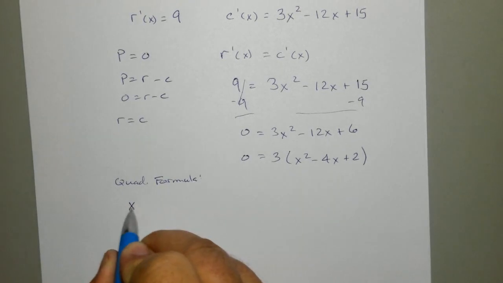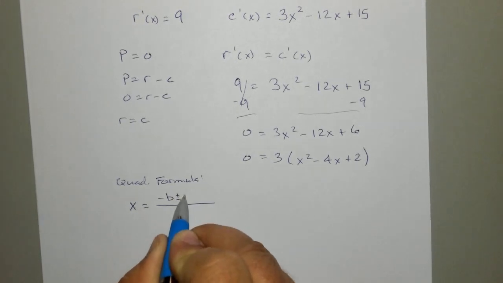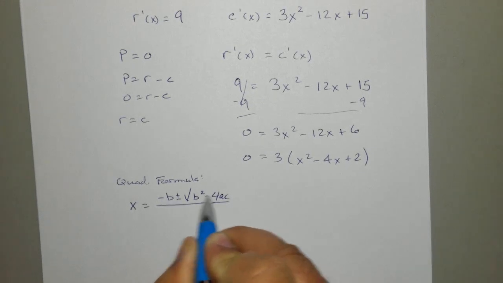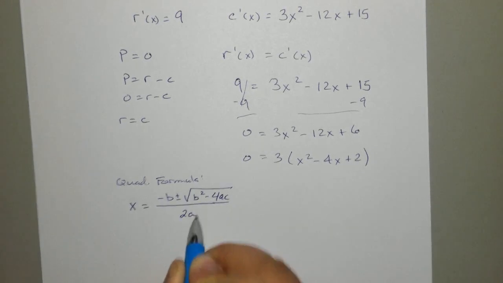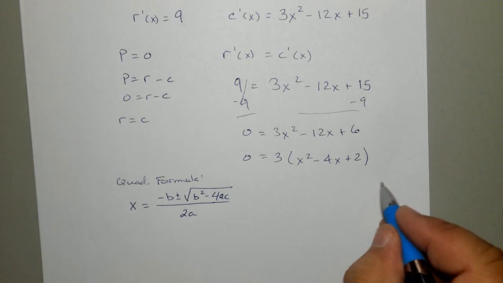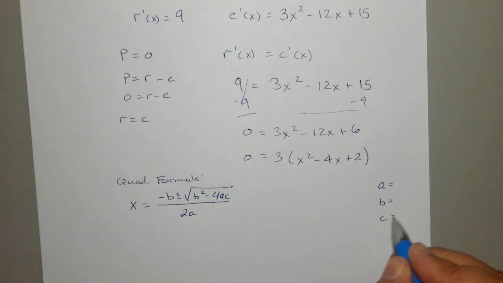The quadratic formula is x equals negative b plus or minus the radical b squared minus 4ac over 2a. Where in our example, what are a, b, and c?